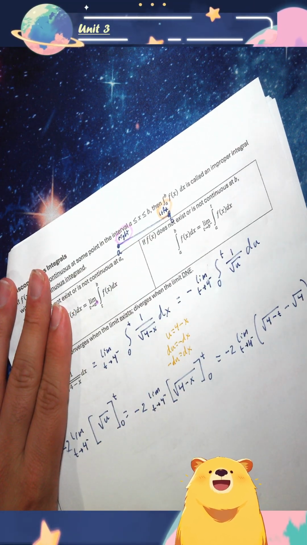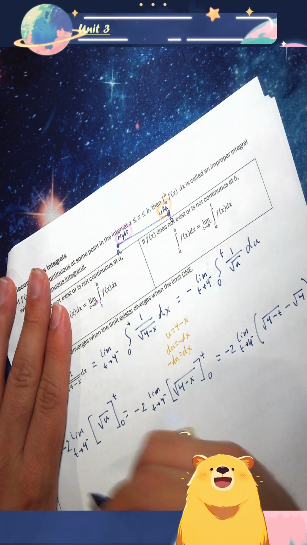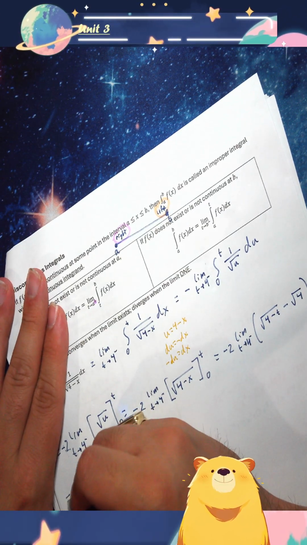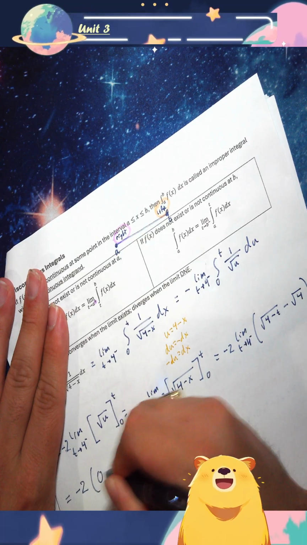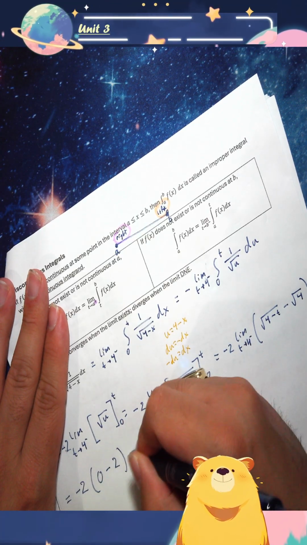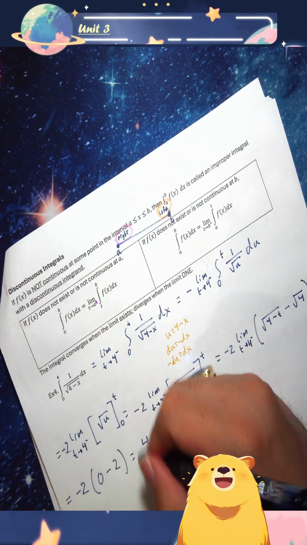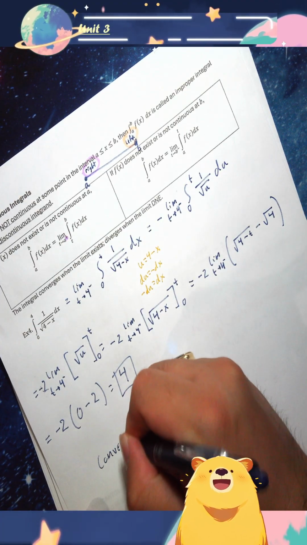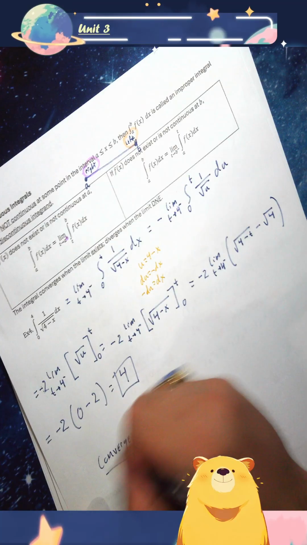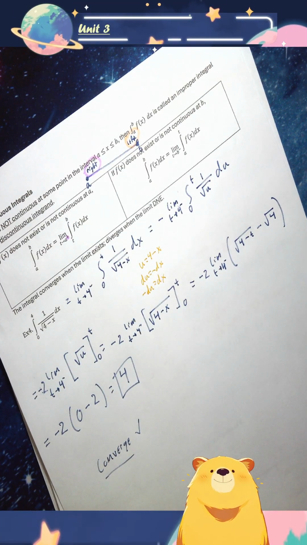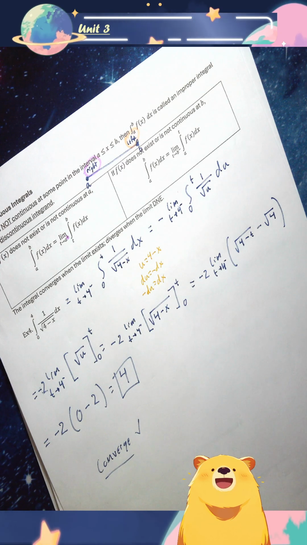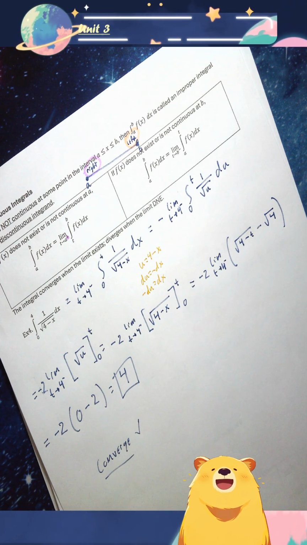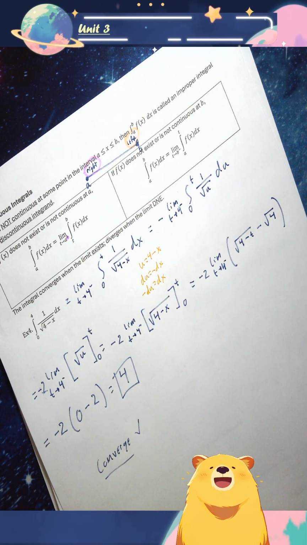And the limit of a constant is the constant, but I'm going to simplify that to square root. So we have -2 times 0 minus 2, which comes out to 4. 4 is my final answer, and this integral does indeed converge. Let me just check if I didn't miss anything. I did not, and that would be my answer.